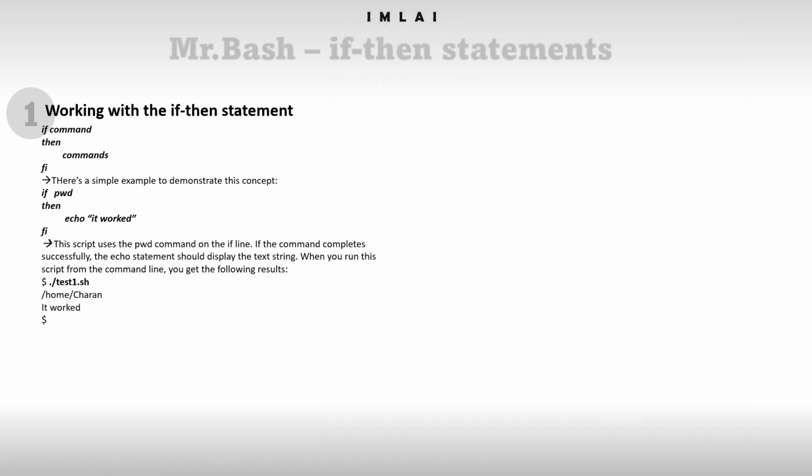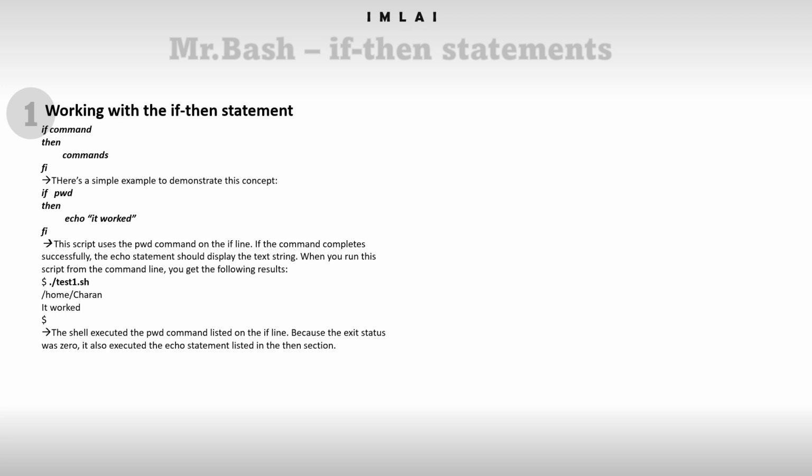Now the shell executed the pwd command listed in the if line because the exit status was 0. If the exit status code was something else, then it might not have done the same thing.